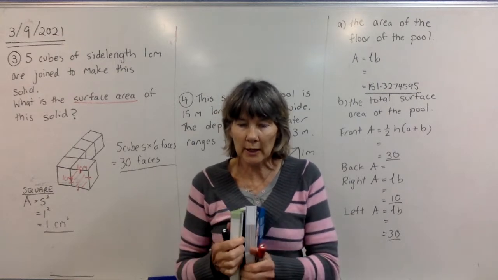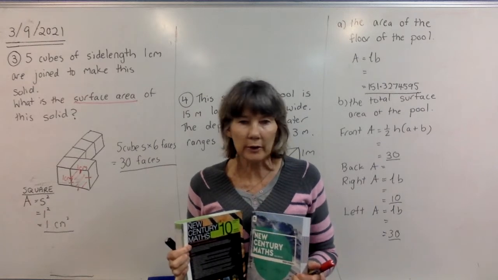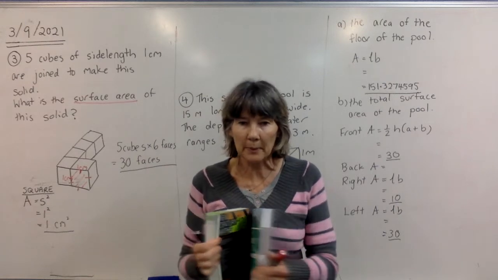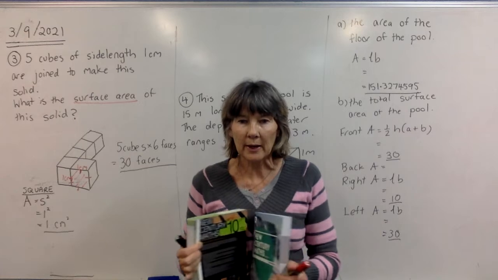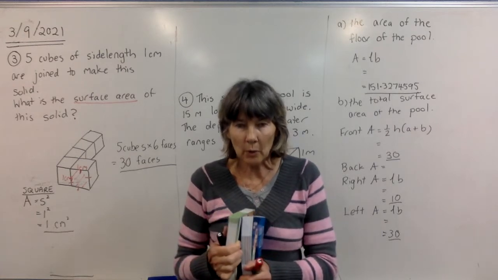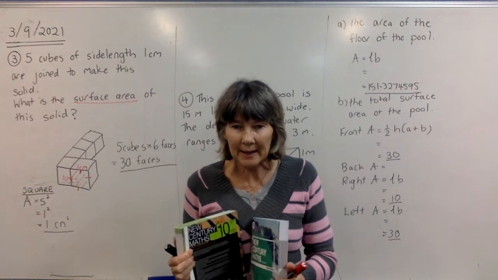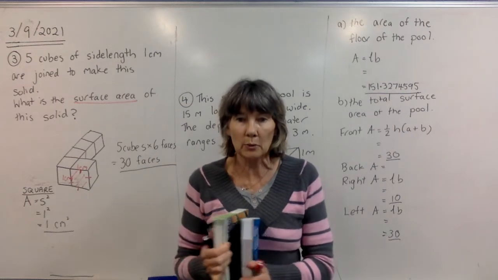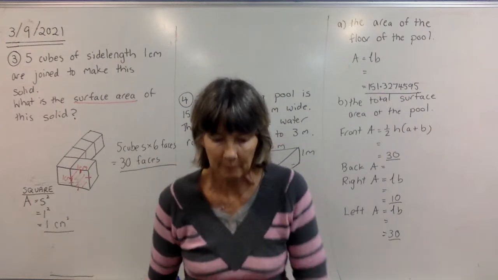They're not included in the surface area of this whole shape because they've been glued together. So what we're actually doing is eliminating 2 surfaces when they are glued together like that.